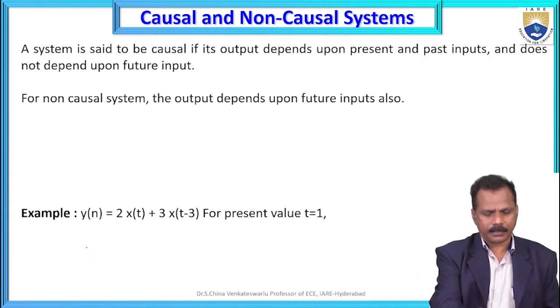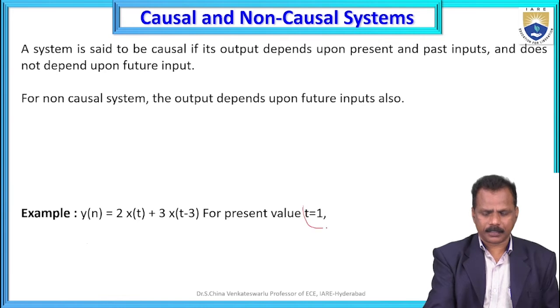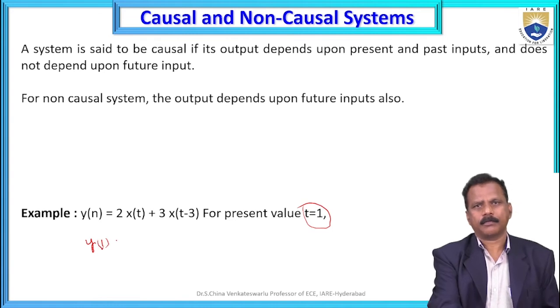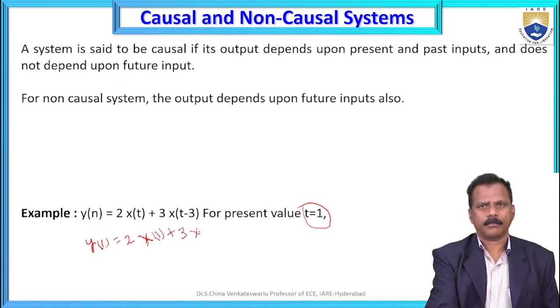In this case, if you substitute t equal to 1, that means y of 1 is equal to 2 into x of 1, where t is 1, plus 3 into x of t, where present value is t equal to 1, that means 1 minus 3.